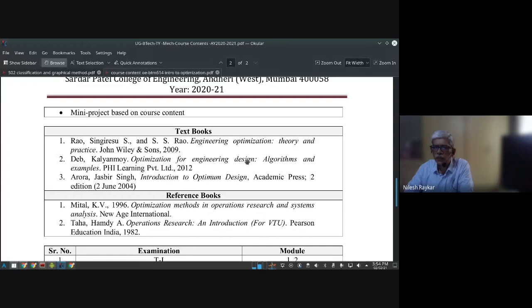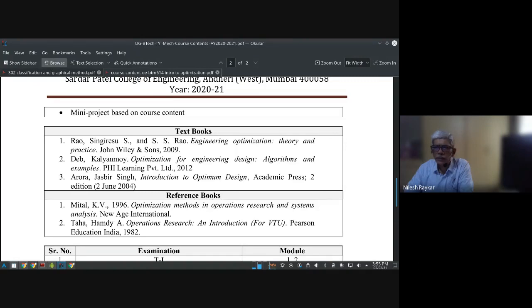But when you come to implementation or mini projects, I'll be giving you some course project, so you need the ability to do coding. Later on we are going to see many numerical methods to solve these optimization problems, and they are better explained in this particular book.